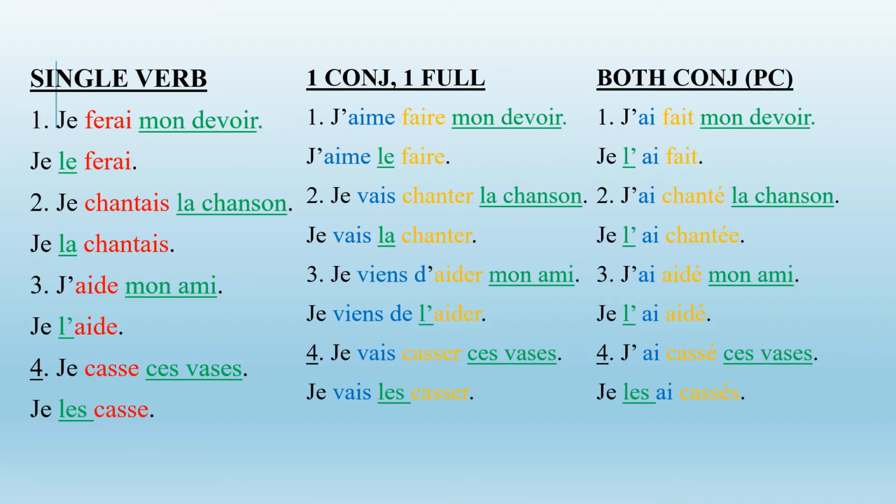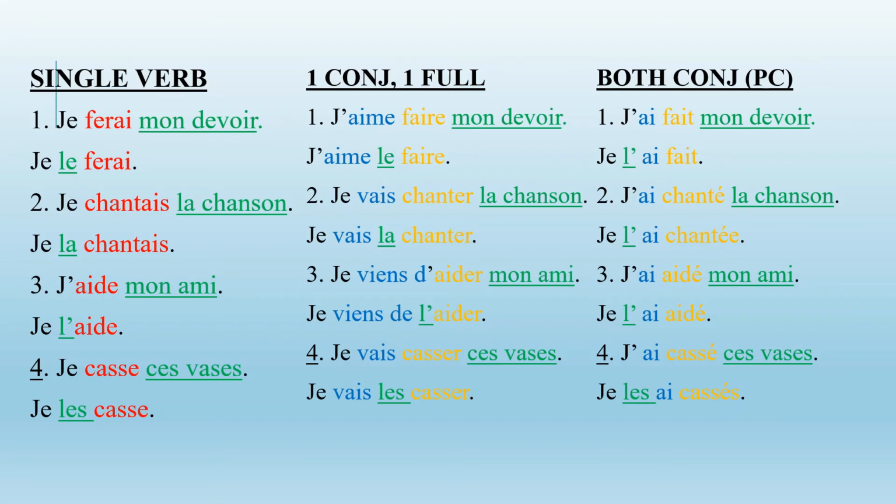Now, can you see that extra e that has been added after chanter? Now, this is a special rule which is only for the direct object pronouns. The participle has to agree with the noun that you have replaced.